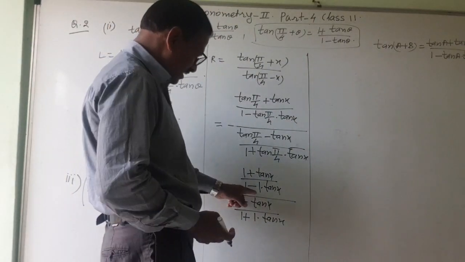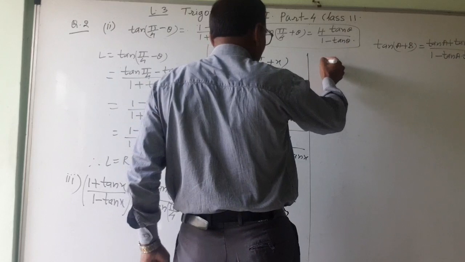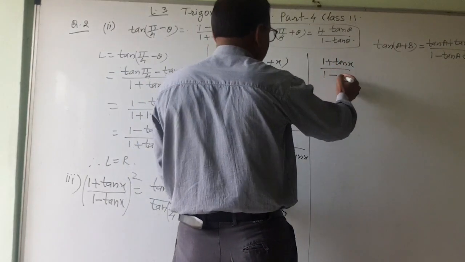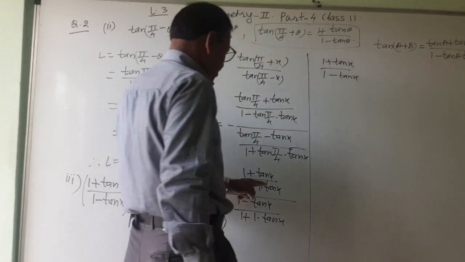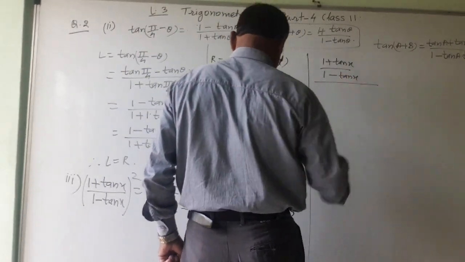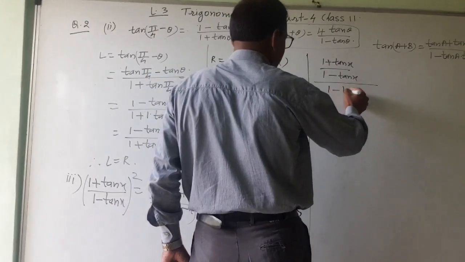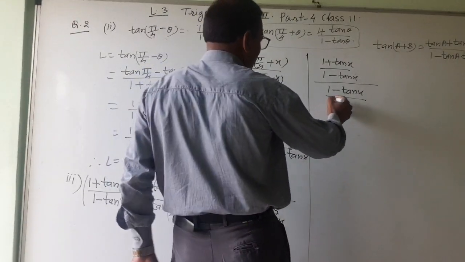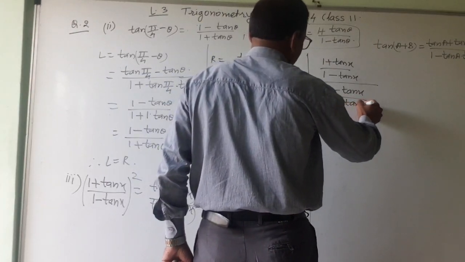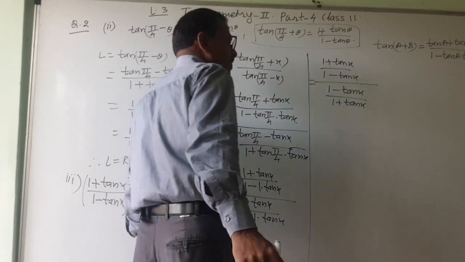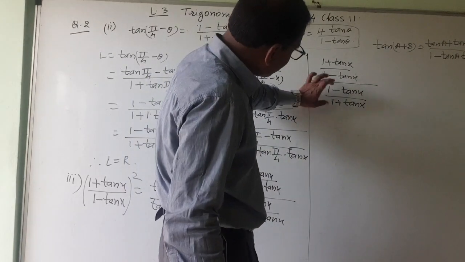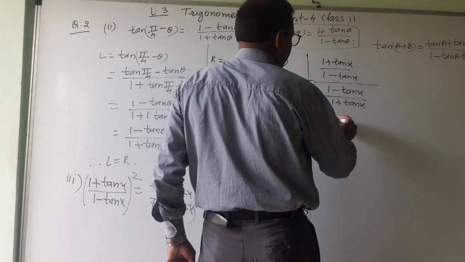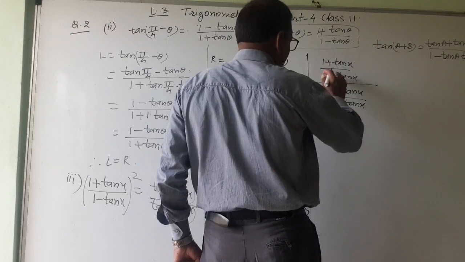Just invert it. This I will just clear it. 1 plus tan x upon 1 minus tan x. This 1 minus tan x upon 1 plus 1 into tan x is 1 plus tan x. This divided by means just invert this. So 1 plus tan x upon 1 minus tan x.